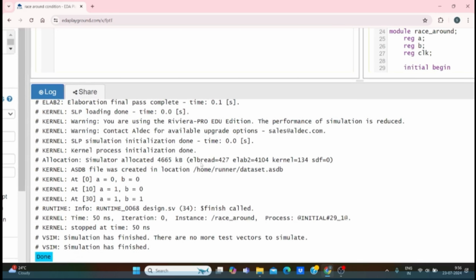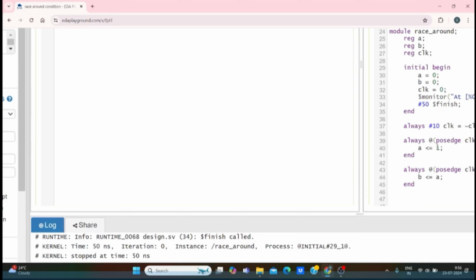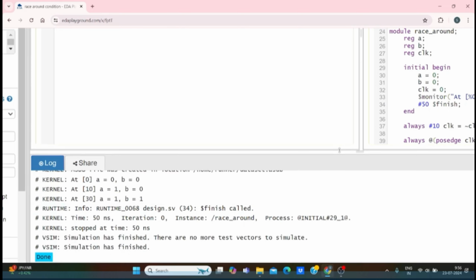Now at 10, I have only updated the value of A. Only one value is assigned to A. And since I didn't update any B value, B value is not assigned. So that is why B is carrying the before value only, which is 0 at 10.